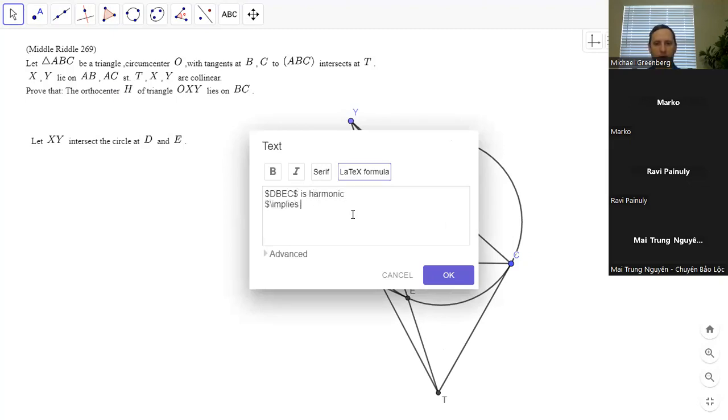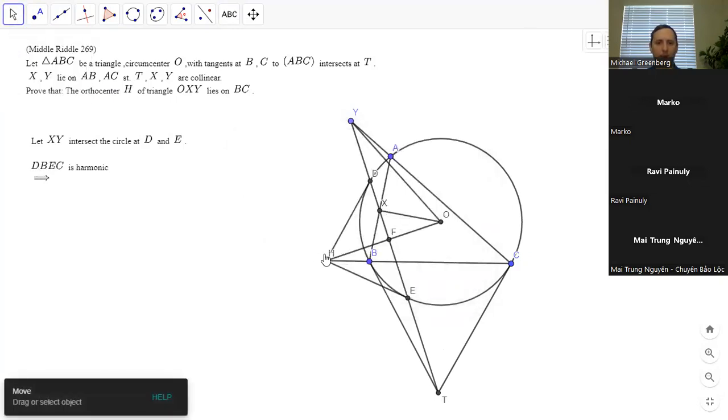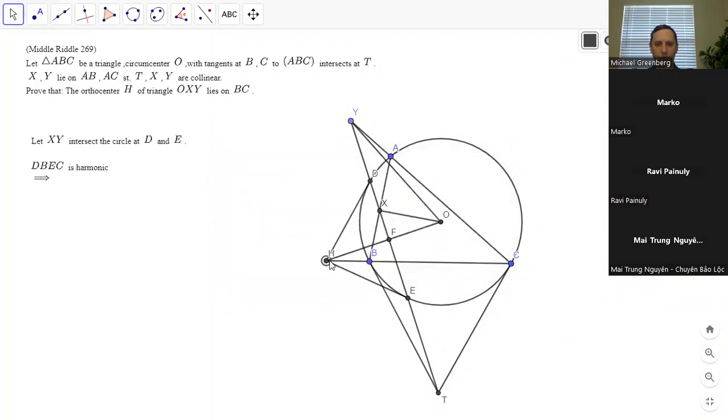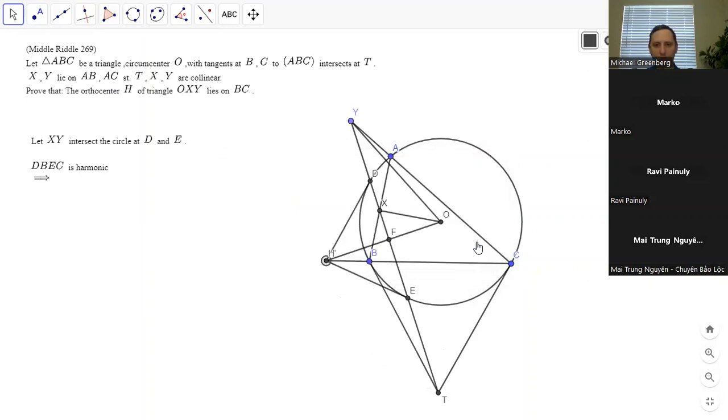That means that we could call this H prime. So yeah, so like BC is the polar of x. Well, no, sorry.